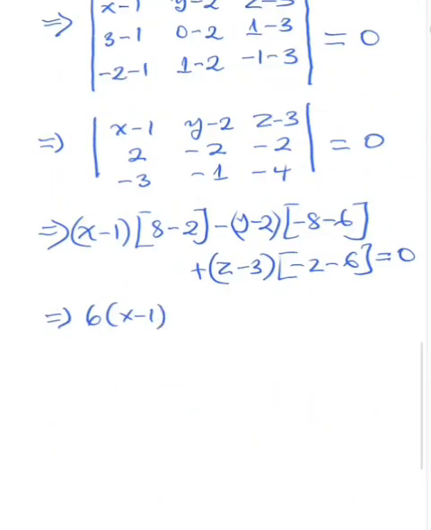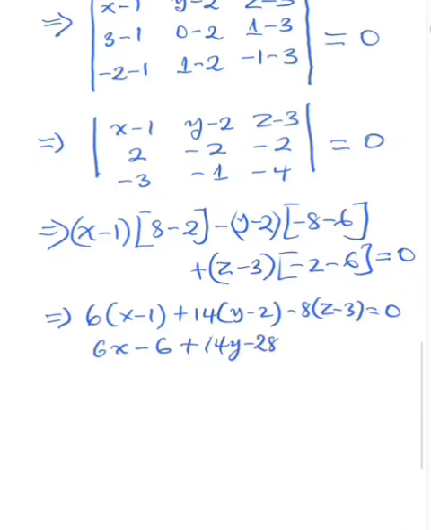We have 6 into x minus 1 plus 14 into y minus 2 minus 8 into z minus 3 equals 0. 6x minus 6 plus 14y minus 28 minus 8z plus 24 equals 0, so that we have 6x plus 14y minus 8z equals negative 6 minus 28 is negative 34 plus 24, negative 10.